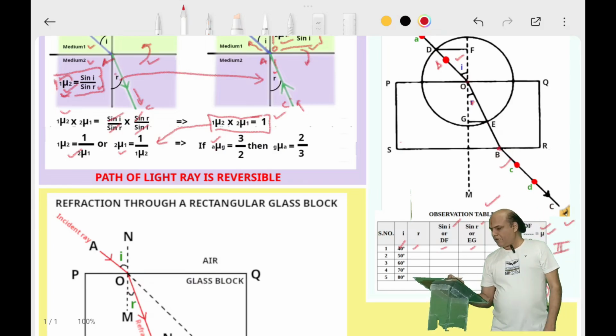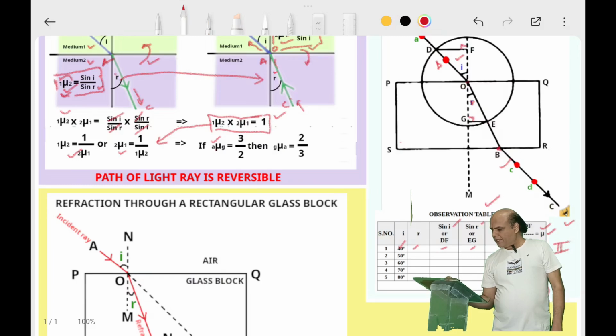Now what we can do is draw a line from D, DF, that intersects the normal, parallel to PQ. Or you can say this is perpendicular to the normal. Similarly, draw a horizontal line perpendicular to the normal at G, which is again parallel to PQ.